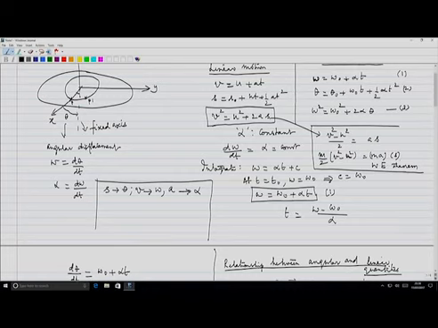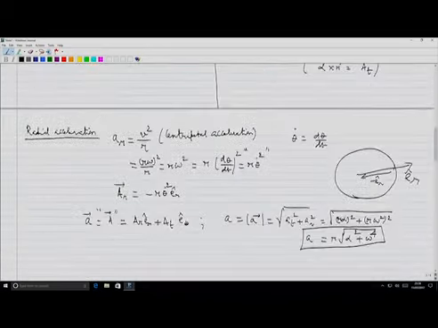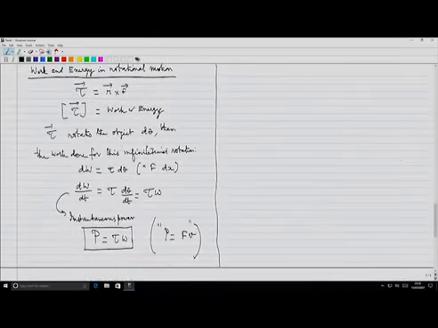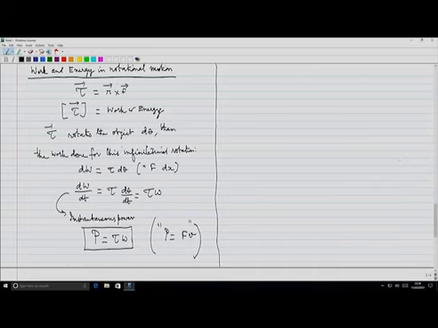Now we would like to give a similar interpretation to the case of rotational motion. And what is it?